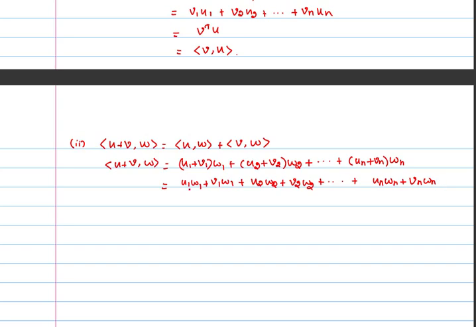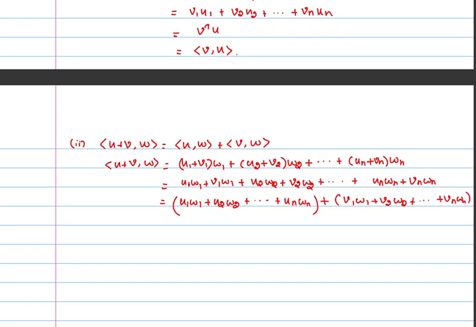Then you can separate the u terms and the v terms. That is u1 w1 plus u2 w2 and so on, un wn, which is the first term, plus v1 w1 plus v2 w2 and so on, vn wn.